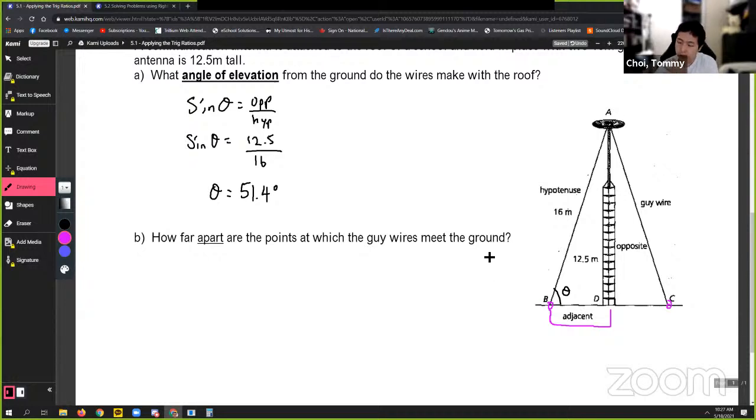You can use the Pythagorean theorem, or you can use the angle that you calculated. I don't care which one you use, okay? If you want to make sure you did not make a mistake, the safer route would be the Pythagorean theorem. If you are confident in your angle, you can just use that to calculate your side here. So it is up to you.